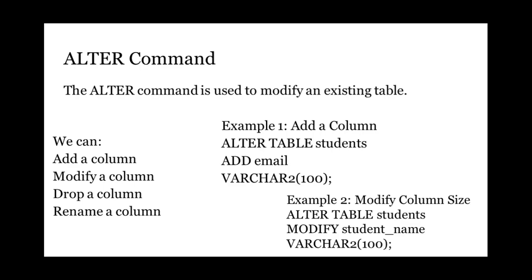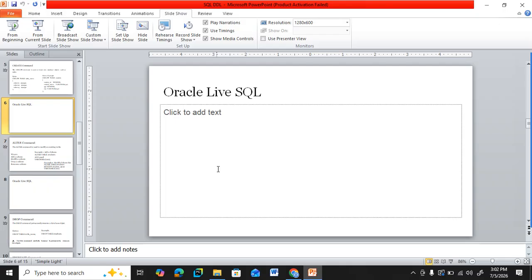So whenever we will try to execute these particular commands, after that we will get to see the modifications in our table. Now we'll try to see the demonstration of this alter command with the help of Oracle Live SQL.